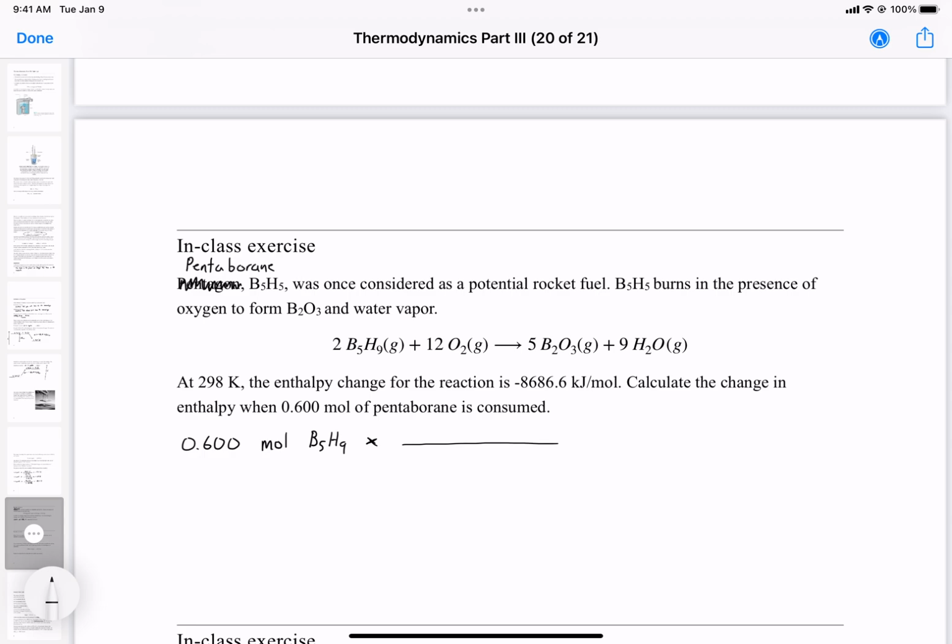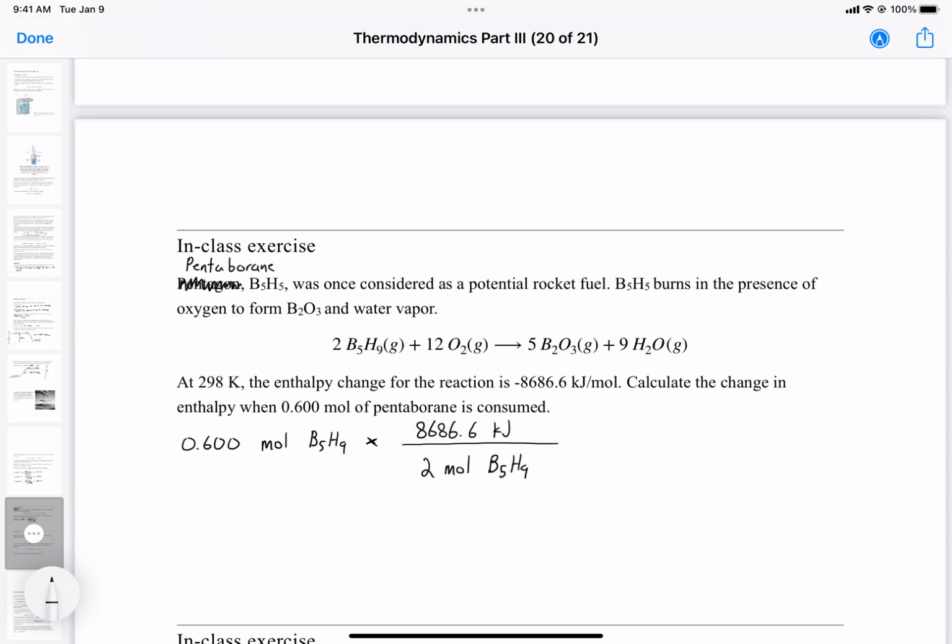If we look at our balanced chemical reaction, we know that for every 2 moles of pentaborane, we have 8,686.6 kilojoules released.